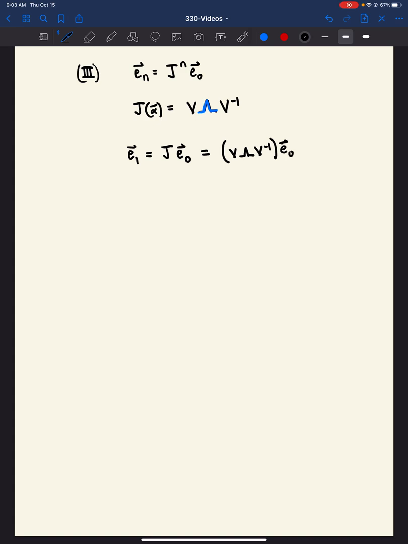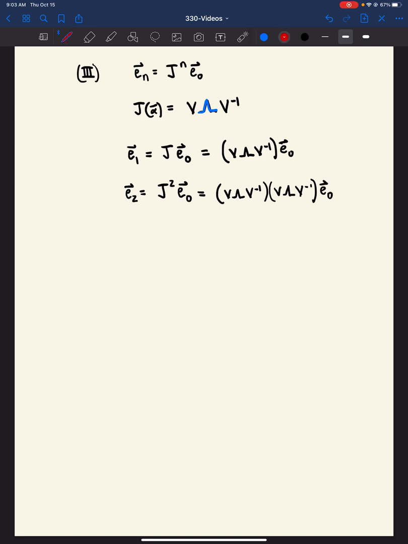All right, nothing too fancy. However, E2 we saw was equal to the Jacobian squared times the original error vector. So what that equals on the right-hand side is V lambda V inverse, times V lambda V inverse, times E sub 0.